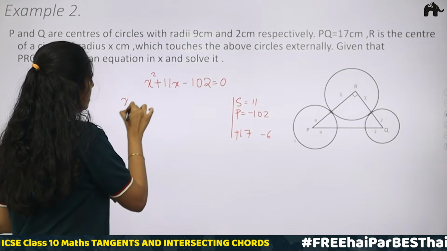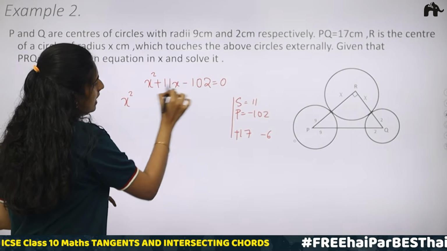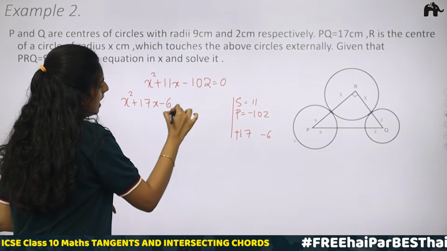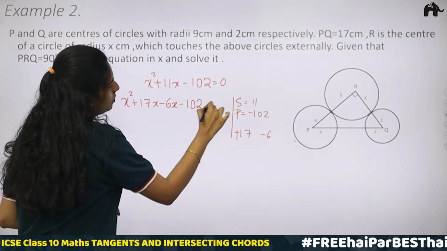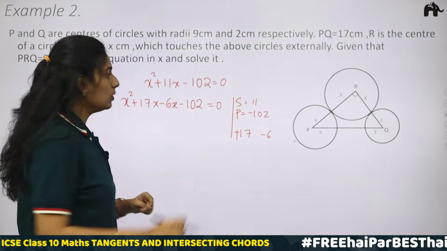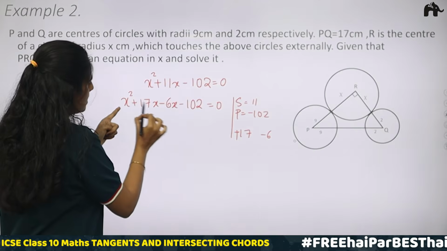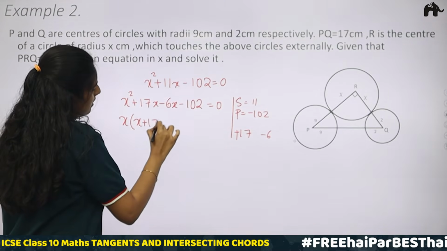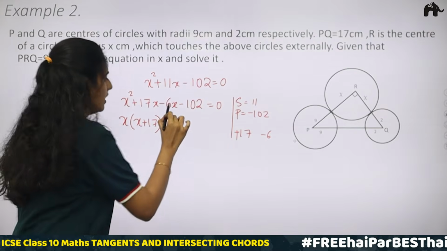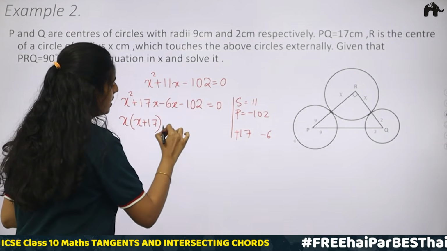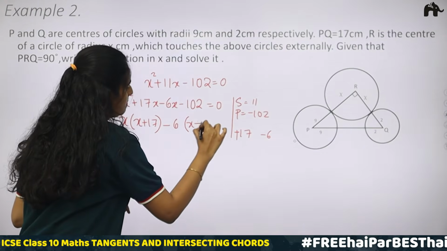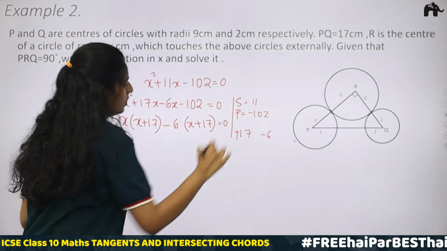Putting the values, x square plus 17x minus 6x minus 102 is equal to 0. Okay. Now considering these first two terms, x is common: x times (x plus 17). What about the third and fourth terms? We can take minus 6 outside, remaining x plus 17, and that is equal to 0.